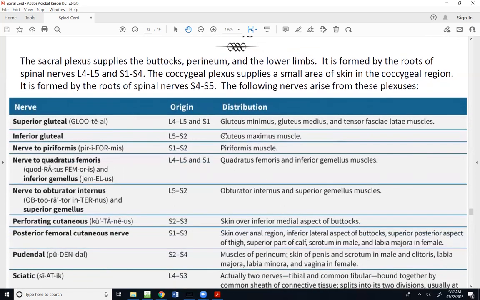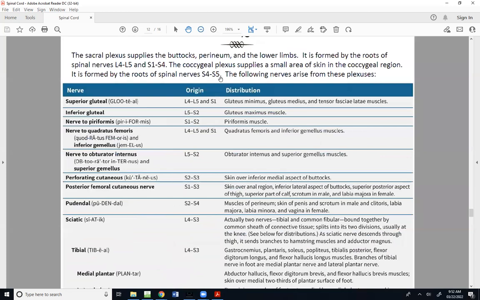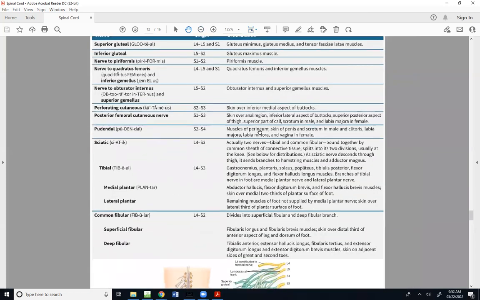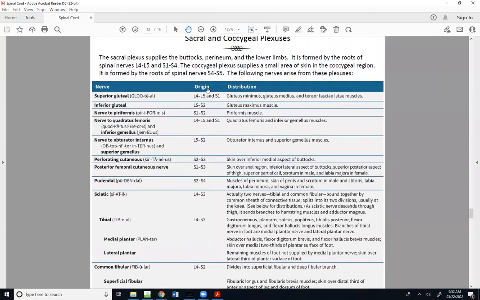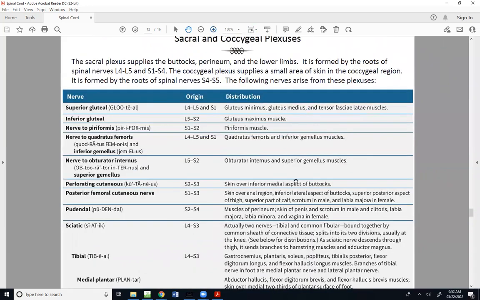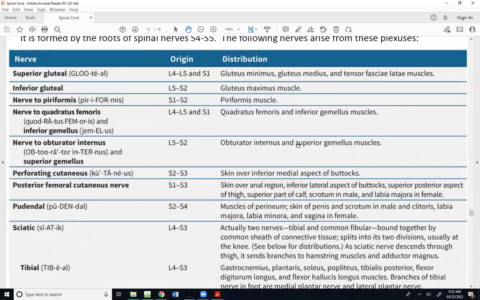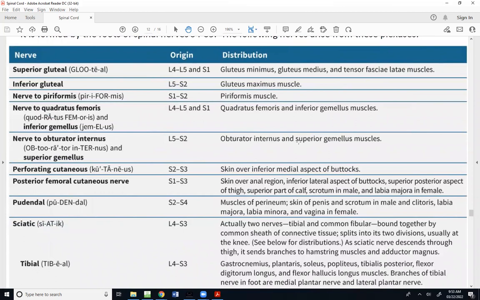Okay, the following nerves arise from these plexuses, and as you can see, there's several of them. As far as what you'll want to know, it's kind of what I did with the brachial plexus. I'm just going to tell you a few of them to know, not all of them. So highlight these. I want you to know the superior and the inferior gluteals. Those are very important because they innervate your butt muscles, your glutes, as we know.